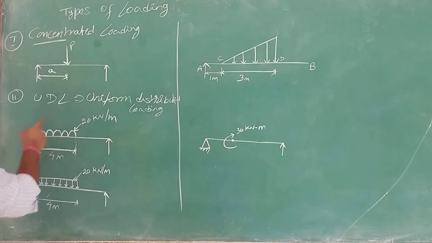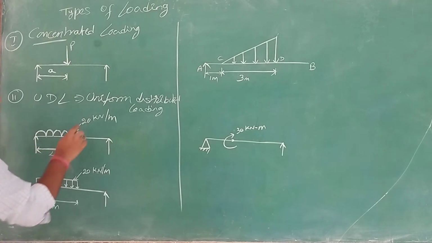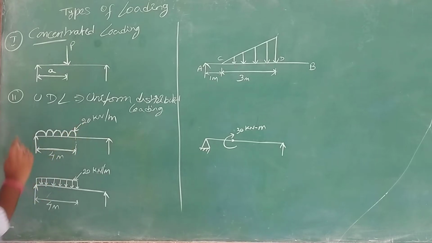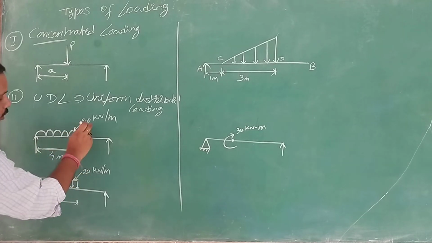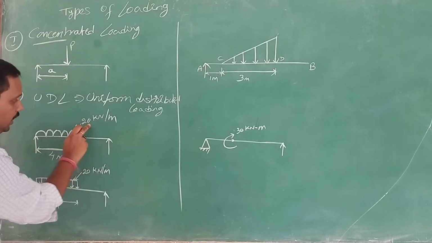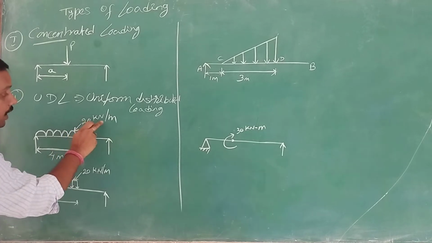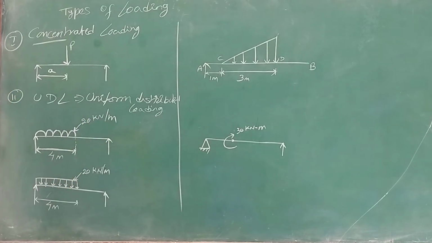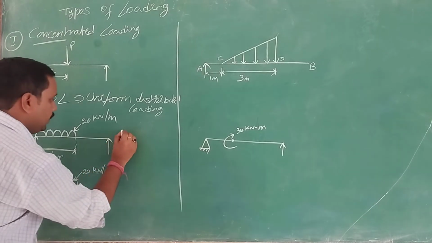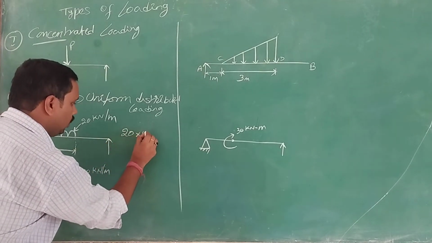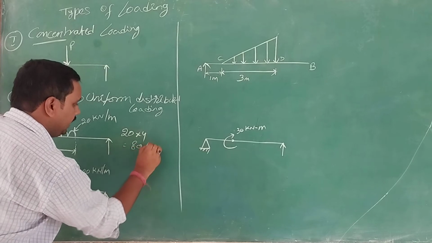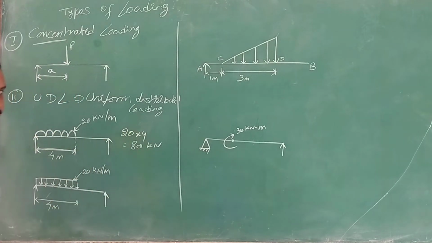Then the total load acting by this UDL will be 20 kilonewton into 4, because it's 20 kilonewton per meter and here we have 4 meter. So the total will be 20 into 4, that is 80 kilonewton of load.